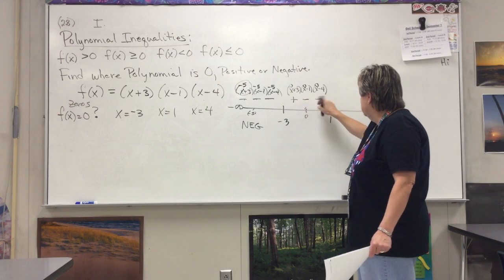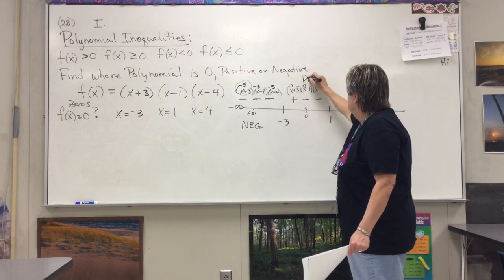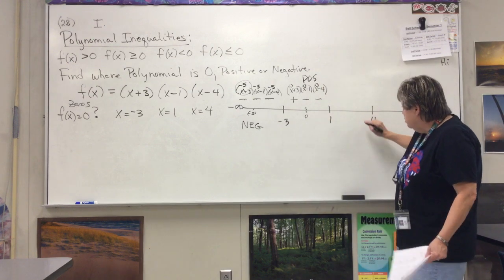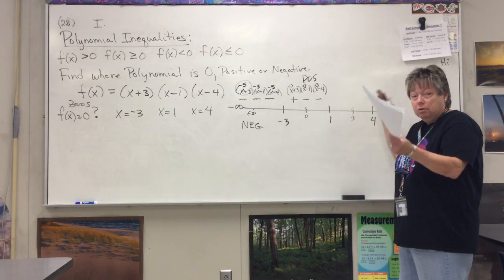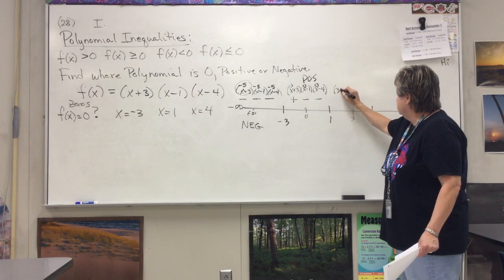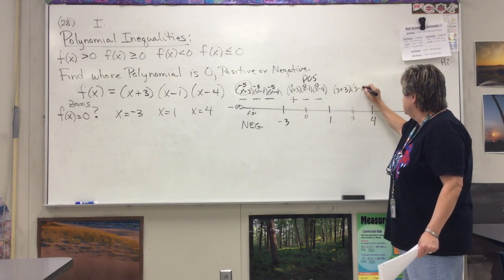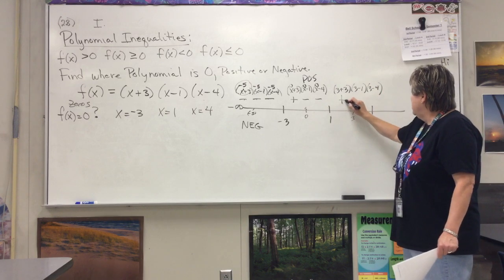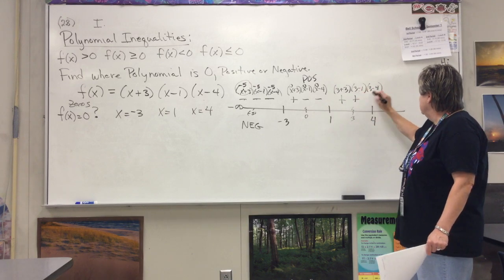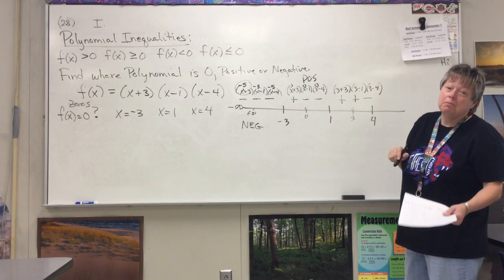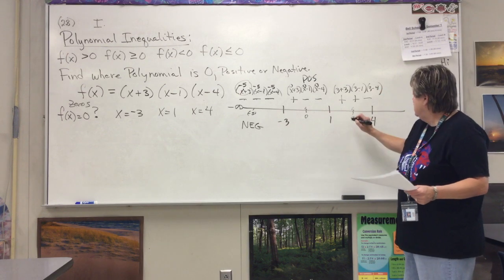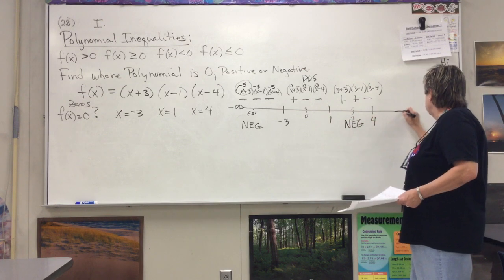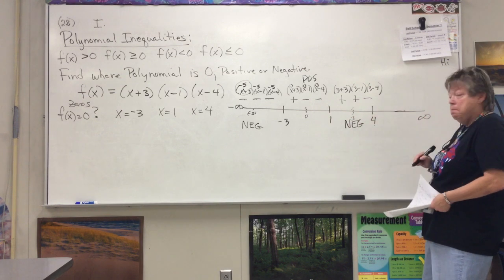So positive, negative, negative makes a positive. Okay, all right, next up, from 1 to 4. Okay, maybe pick 3. All right, so again, 3 plus 3, 3 minus 1, 3 minus 4. So we have a positive, a positive, and a negative. So that means that's going to be negative. And lastly, from 4 to infinity.